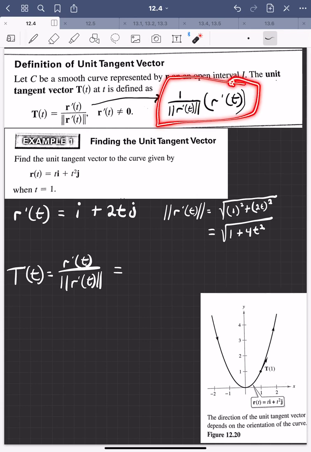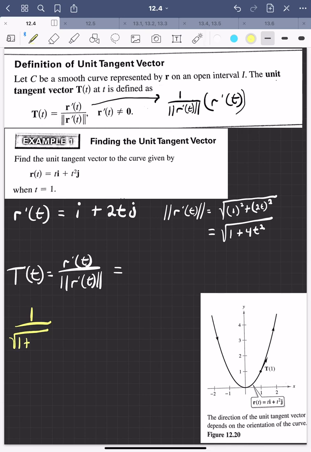So, all right, let's go ahead and do that. That's going to be 1 over the magnitude, so 1 over the square root of 1 plus 4t squared, multiplied by r prime, so multiplied by i plus 2t j. And there you go.